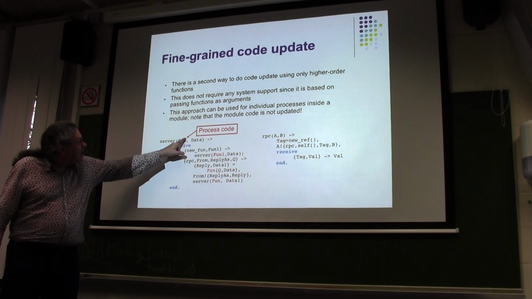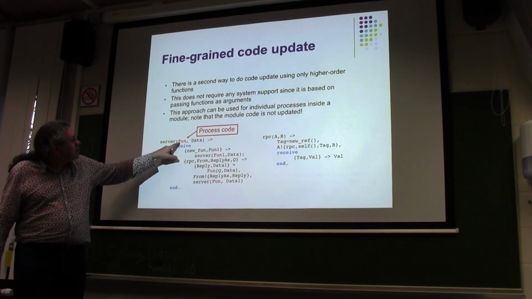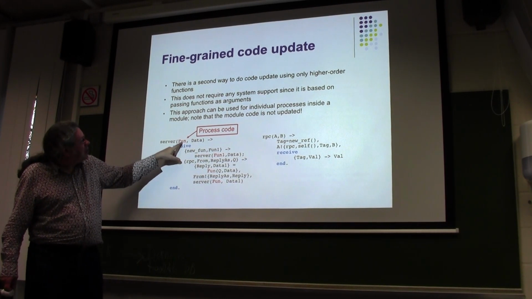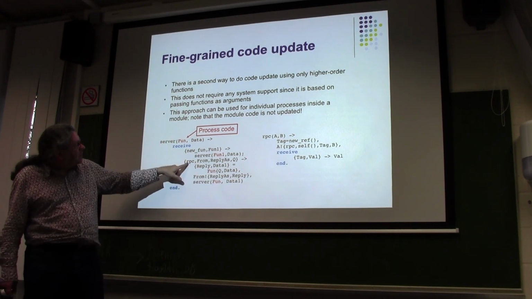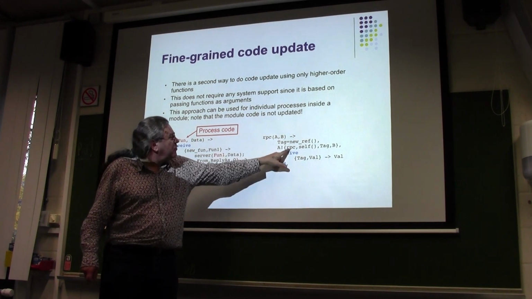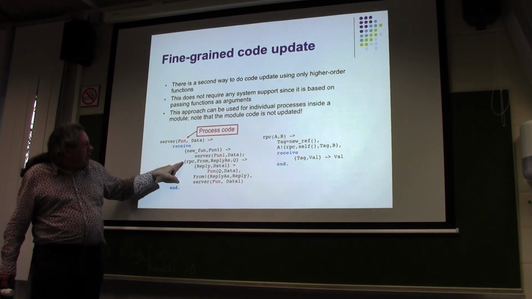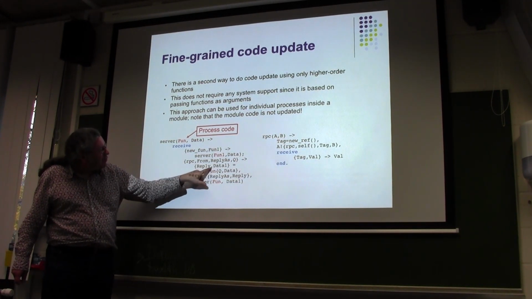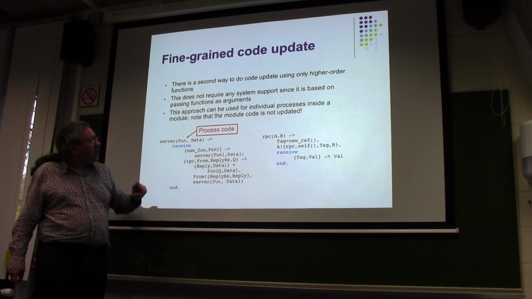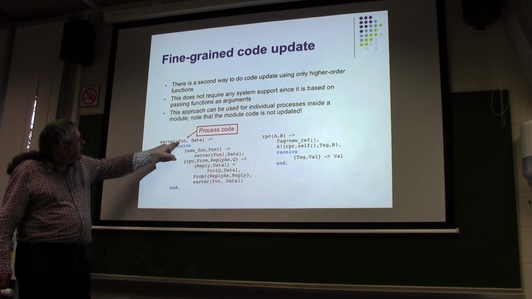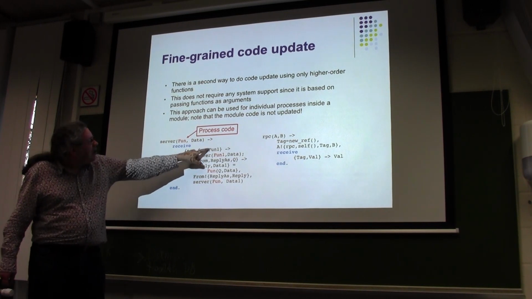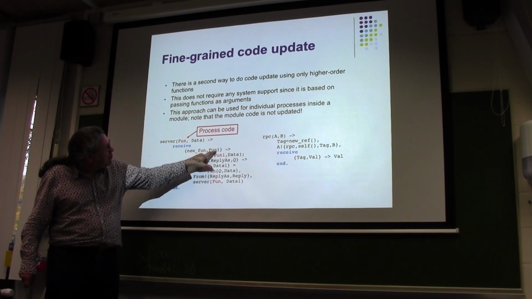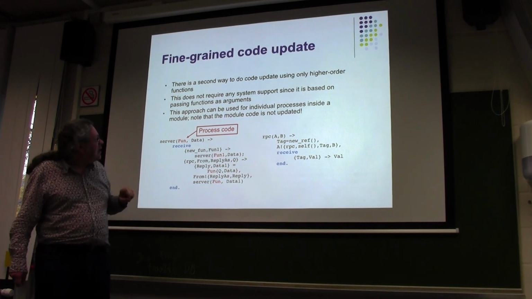If I want to update this server here, so this server ability is this function. And when I do the server, when it receives an RPC, so this is an RPC message sent here, it will run this function with arguments, okay? Now, I can also have another message called new fun, which replaces this function argument by another one, fun1.